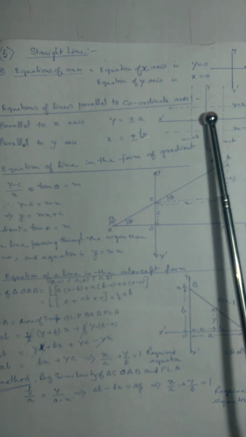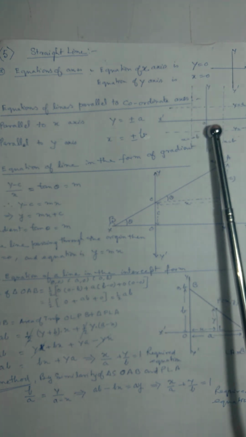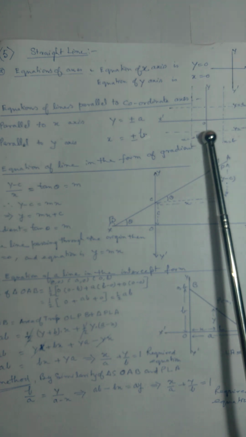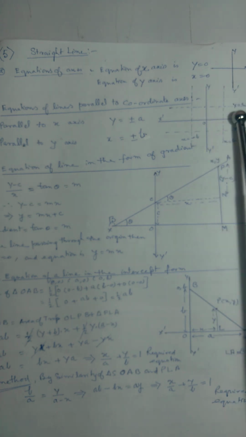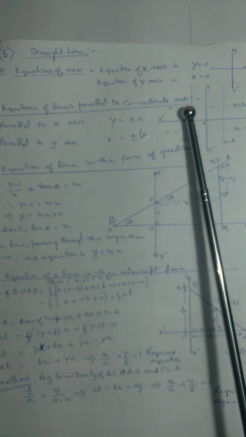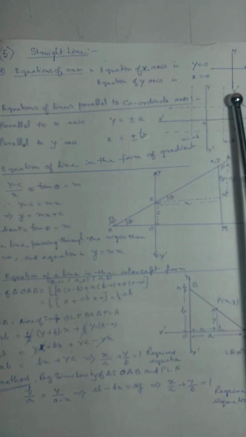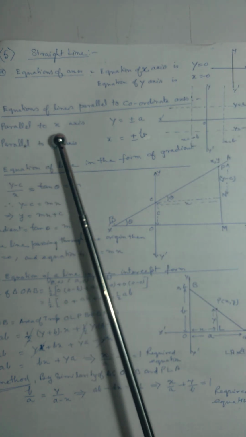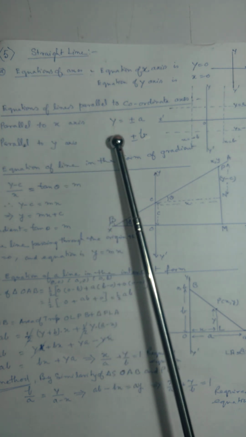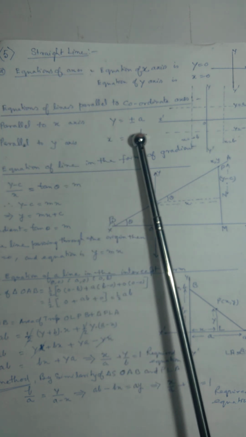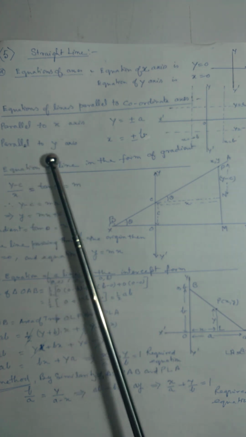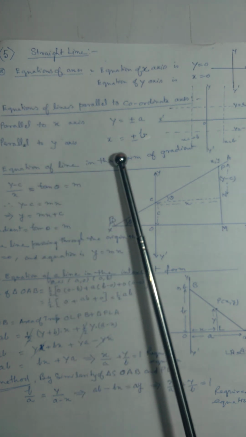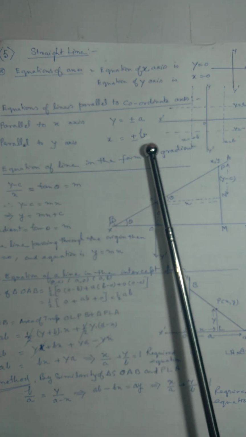Similarly, the line parallel to y-axis will be on the left hand side or right hand side. There are two possibilities. So parallel to x-axis will be y is equal to plus minus a. Parallel to y-axis, it will be x is equal to plus minus b.